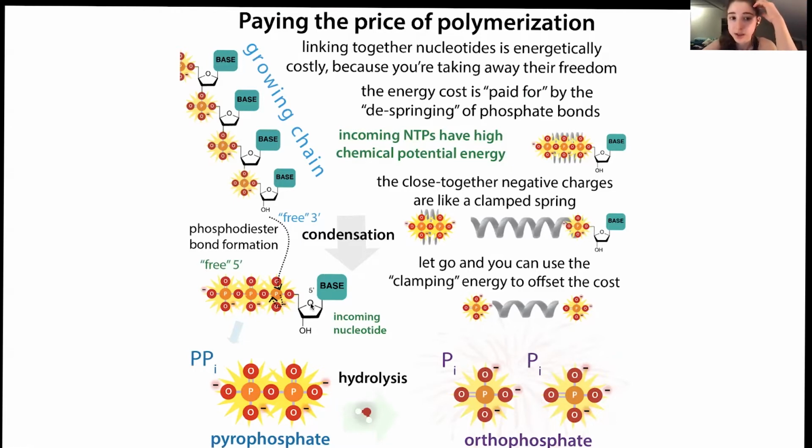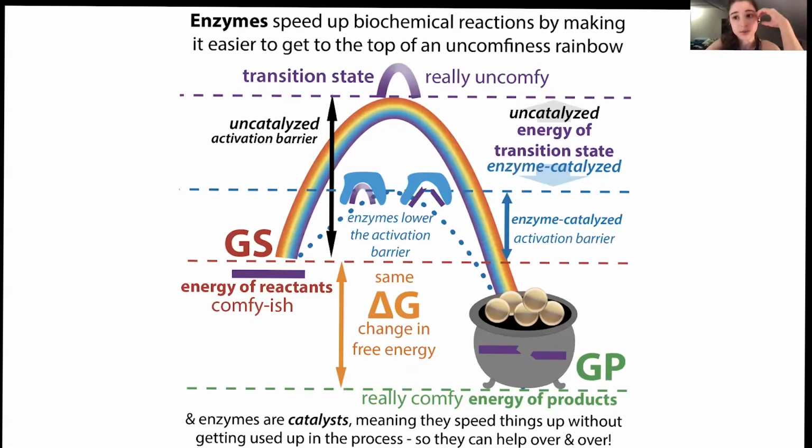And you're also making it harder to go in the reverse, because enzymes can catalyze reactions in both directions. You can think of reactions as having your reactants, then your products. And in order to get from the reactants to the products, you usually have to go through some sort of uncomfy transition state. And in order to get there, you have to add energy to get over this activation barrier.